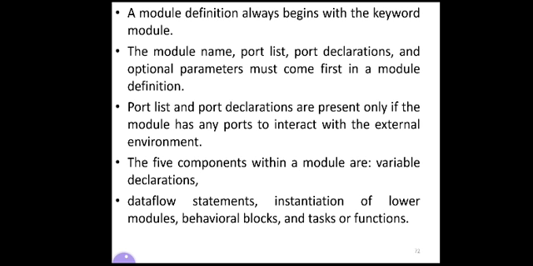It is an identifier as per the requirement of the program. Any name will be provided using the identifier rules. So the module name, port list, port declarations, and optional parameters must come first in the definition.